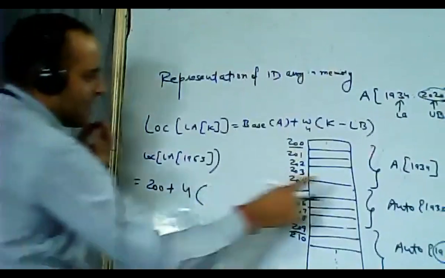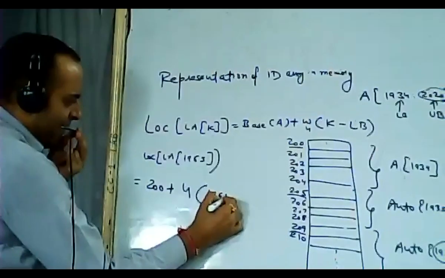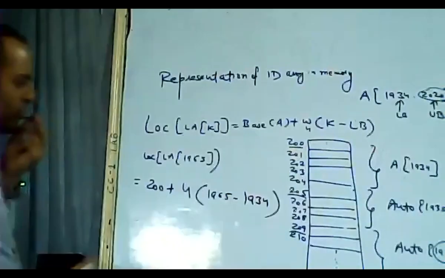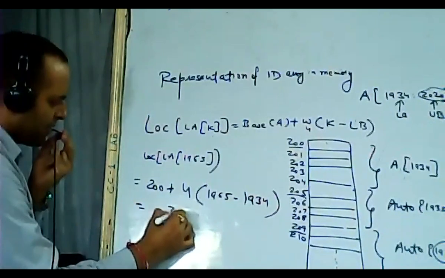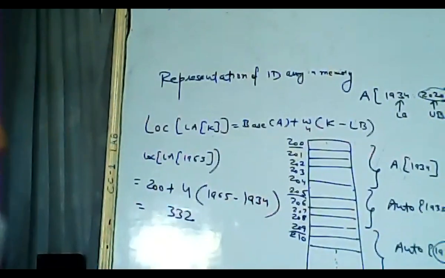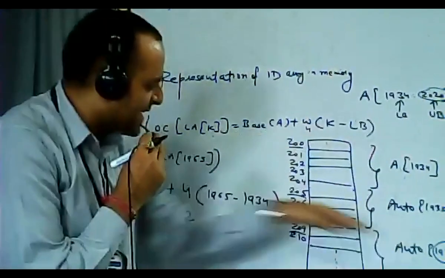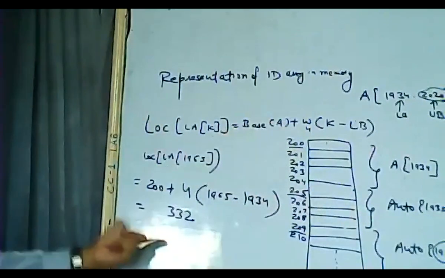Base address is, lower bound, W is, K. K is 1965, जिसका निकाल रहे हैं. Yes, sir. And lower bound is? 1934. So all values are given to you. Yes, sir. Just calculate. This comes out to be, I hope, 332. So 1934 का address I have, 35 address I have, 36 address I have. If I want to find out the address of 1965, this formula will help me.